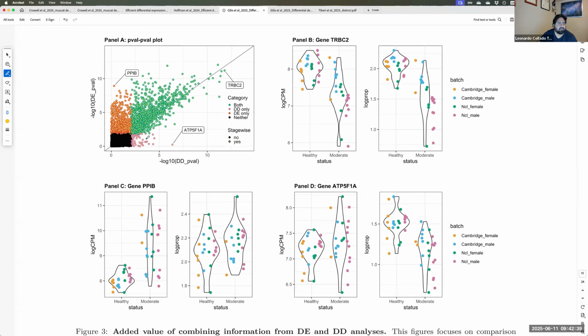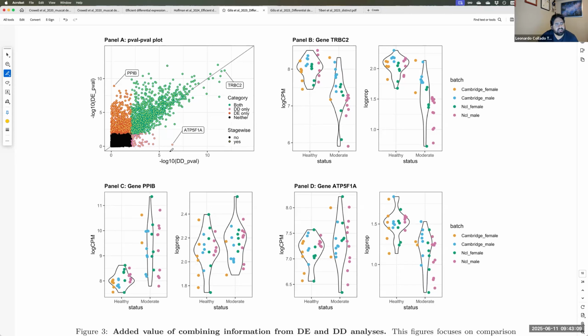In this scenario, there's a bunch of genes that have colors that are not black. The orange are the genes that were just differentially expressed but not differentially detected. The green ones are both differentially detected as well as differentially expressed. And there's a small subset of points in pink, which are the differentially detected only genes.